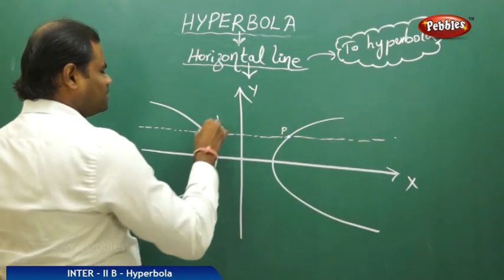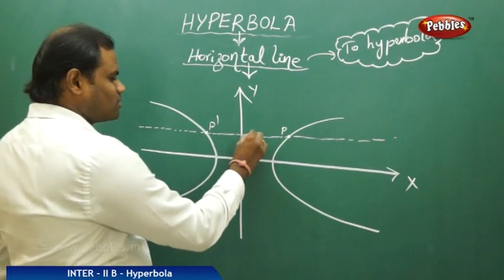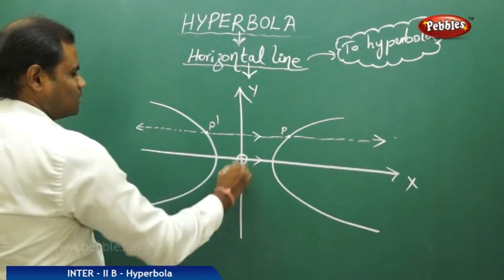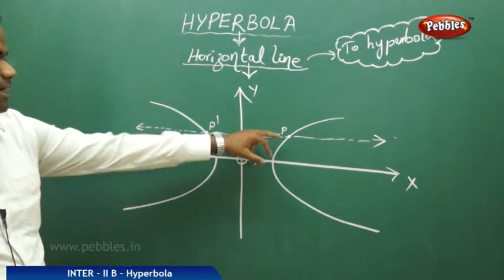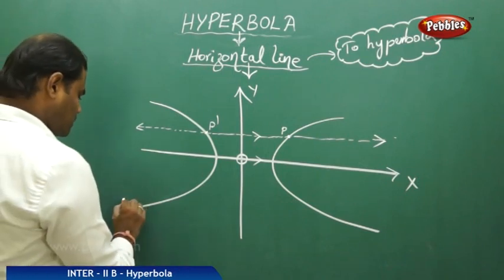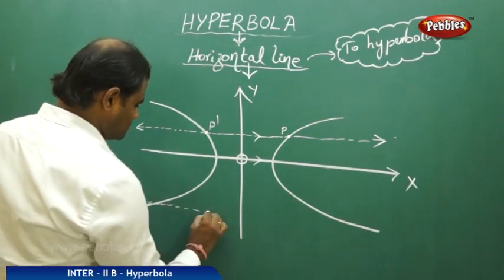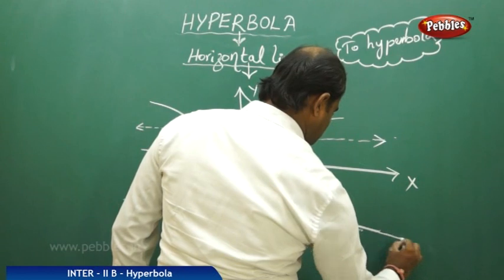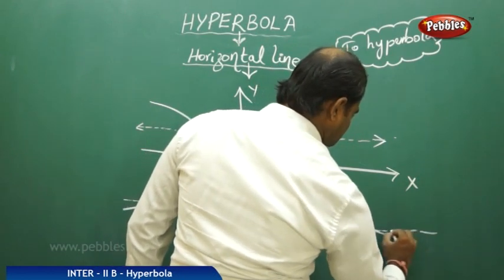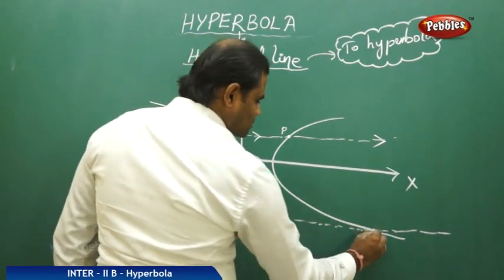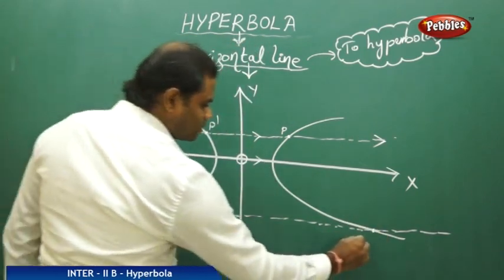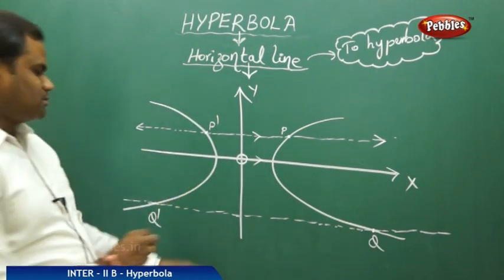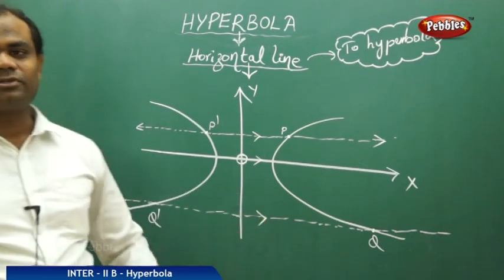That is, P and P dash are the 2 points where this horizontal line cuts the hyperbola. So every horizontal line is said to intersect the hyperbola in 2 points. For example, I take a line in this form. Then this also is said to cut the hyperbola in 2 points, Q and Q dash, and then we get this parallel line with 2 points of intersection.